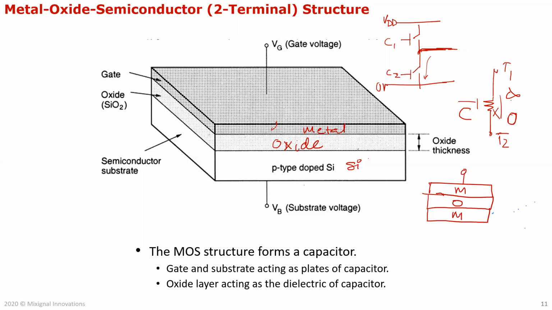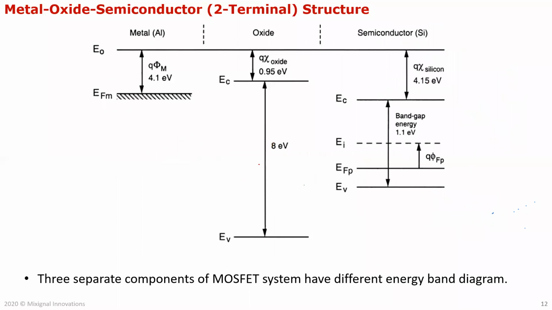So that's your capacitor, right? And the difference here is, instead of the other side being metal, you have a semiconductor. That's because this is what you want to control. So you want to control a channel here based on the voltage between this metal and this terminal here. So the two terminal essentially looks like a capacitor, but it is a different type of capacitor.